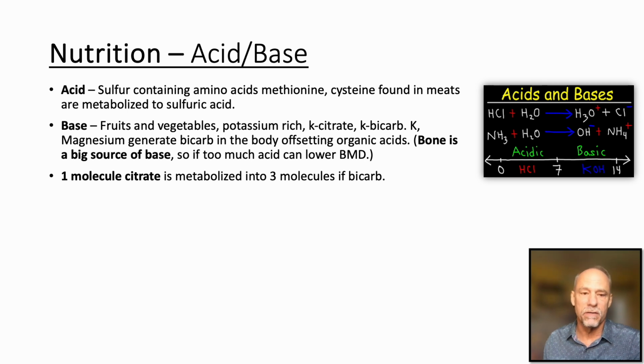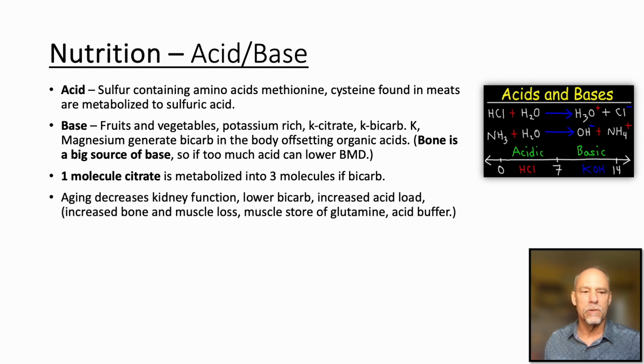So it's very effective at helping acid-base balance and supporting the mineralization of bones. As we age, we have an increase in acid load, partly because when we lose bone, we lose muscle, and glutamine is stored in muscle, and it's an acid buffer. So it's another reason as we get older that may lead towards sarcopenia.